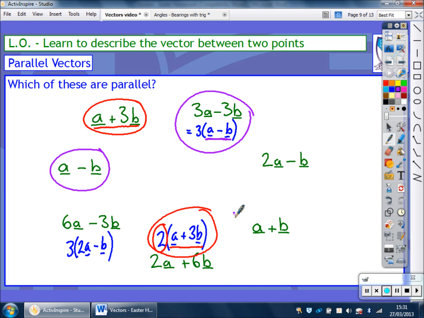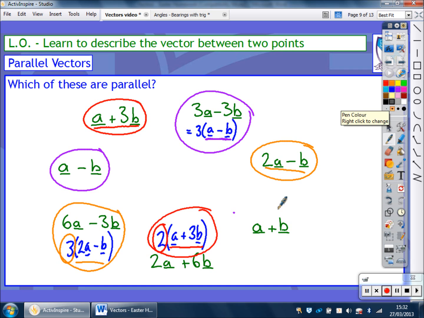Those 2 vectors are parallel, and this one is 3 times bigger than this one. 2A minus B is parallel to 3 times 2A minus B. Same vector. This one is 3 times bigger. A plus B is the odd one out. It's not parallel to any of the vectors there because we haven't got another vector which has got an A plus B in it.